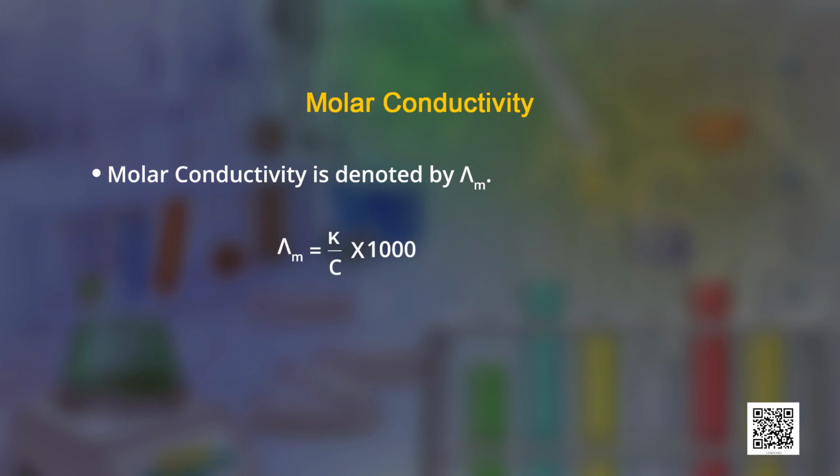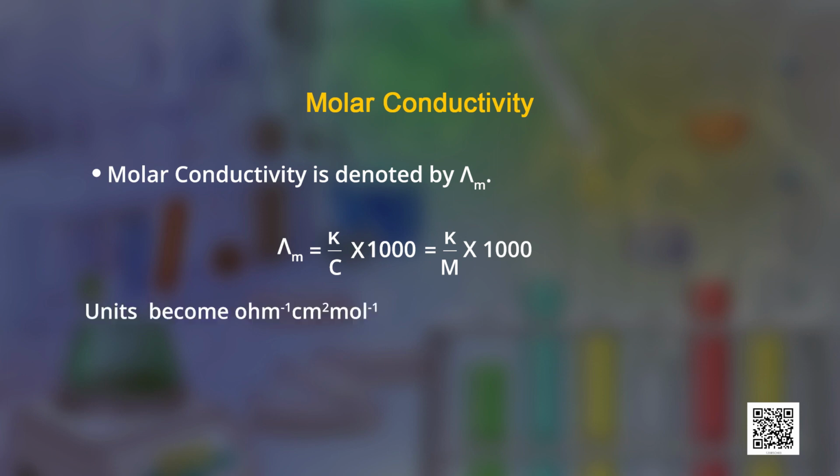Lambda m is equal to kappa by C into 1000, where kappa is the conductivity and C is the concentration. It can also be written as kappa upon molarity into 1000, where molarity is denoted by capital M. The units then become ohm inverse centimeter square mole inverse.